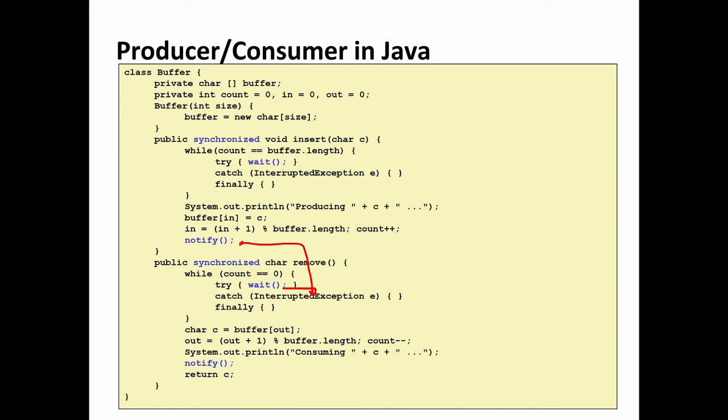And when it happens, then it will execute this, remove one character and print this out, and then it will do a notify, and this notification will again create this interrupt, which will wake the other thread up.